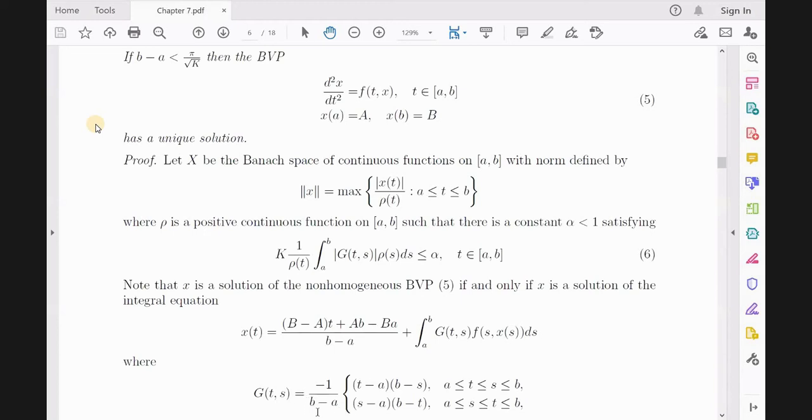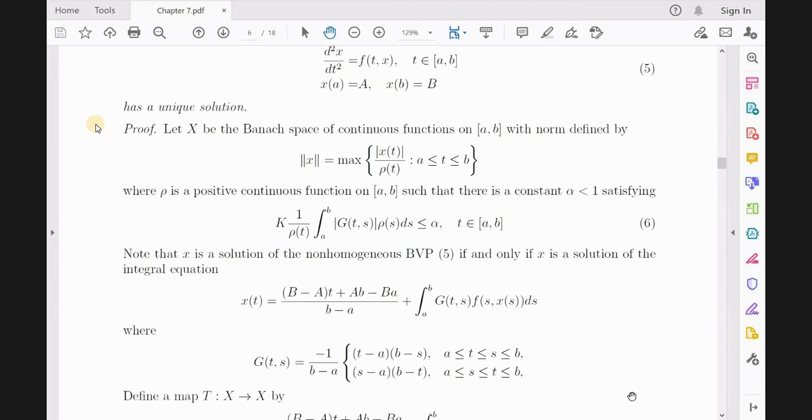Also, g(t,s) is minus 1 over (b minus a) into (s minus a) into (b minus t), for a is less than or equal to s is less than or equal to t is less than or equal to b. So x is a solution of this boundary value problem if and only if x is a solution of this integral equation.